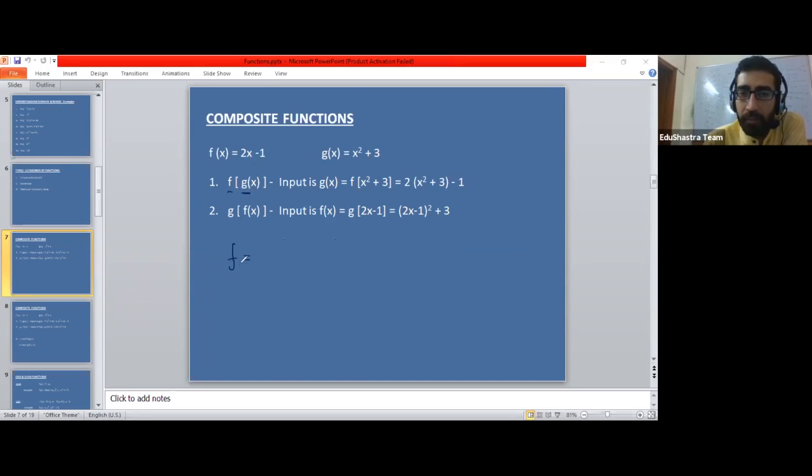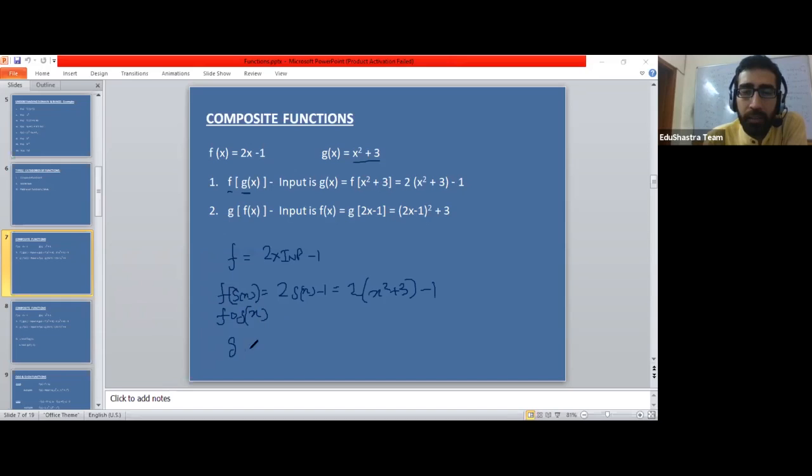Since function f is twice the input minus 1, f of g(x) will be twice g(x) minus 1. Since g(x) is x squared plus 3, it is twice of (x squared plus 3) minus 1. That is what f of g(x) is. It's also read as f o g(x).